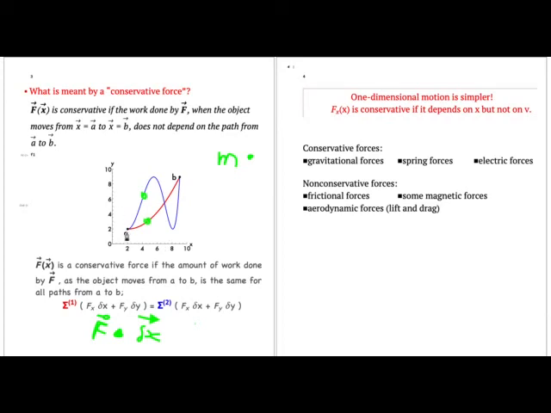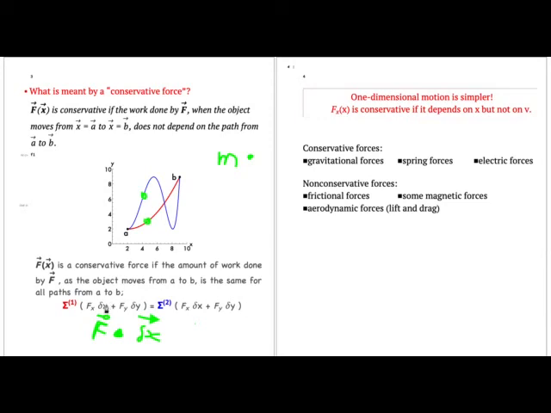The work done along this red curve will be the sum of all the little infinitesimal displacements in going along that curve from A to B, Fx delta x plus Fy delta y. And the work done as the mass moves from A to B along this more complicated path will be the sum of all little displacements along that blue curve, Fx delta x plus Fy delta y.